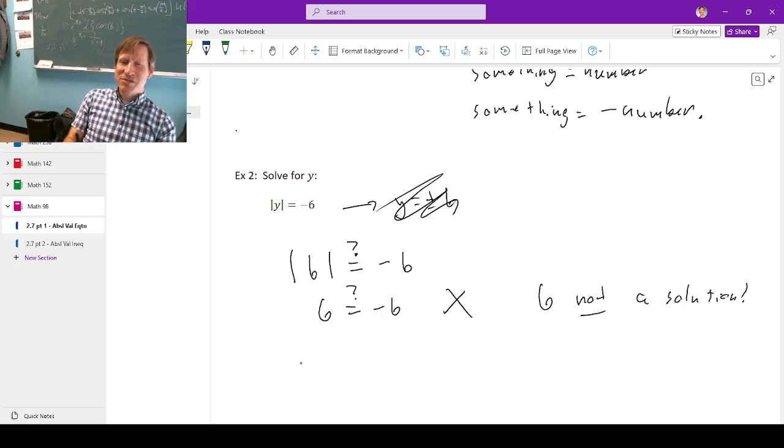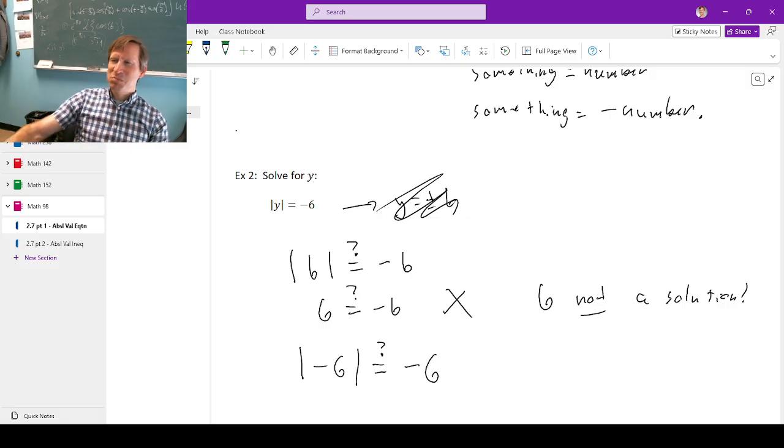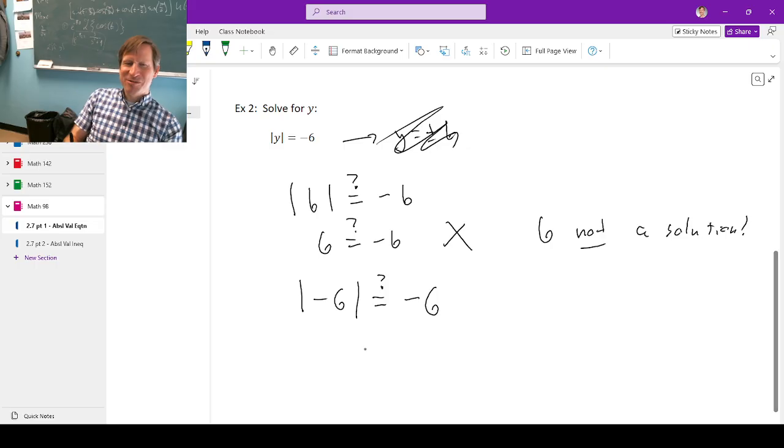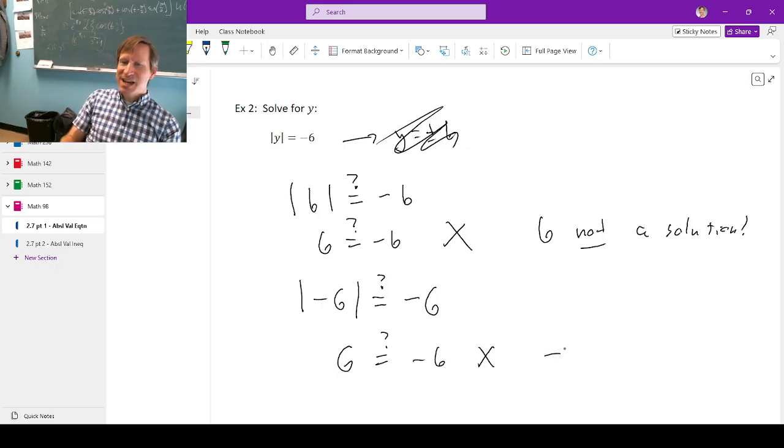Okay, well, what about negative 6? Let's check negative 6. If we plug negative 6 into our equation, we get the absolute value of negative 6, and then is that equal to negative 6? But again, the answer is no, because the absolute value of negative 6 is positive 6. And is positive 6 equal to negative 6? No. So negative 6 is also not a solution to this equation.